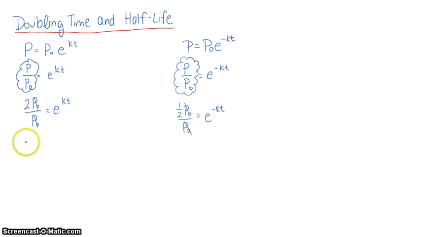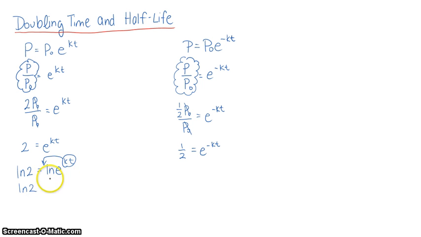So ultimately what we're looking at to find doubling time, to isolate for t, is to solve for t in both of these cases. When will it equal a half for a half-life? When will it equal 2 for doubling time? So the only way to solve for your exponent is if you log both sides. Now, we are working with a base of e, so we're going to use ln. And we know that if we take ln of e to the kt, we can bring our exponent out front.